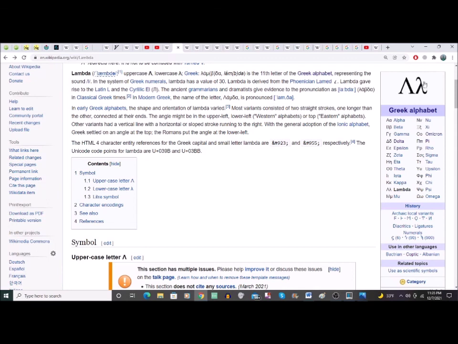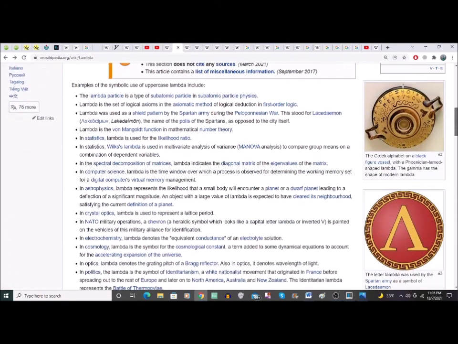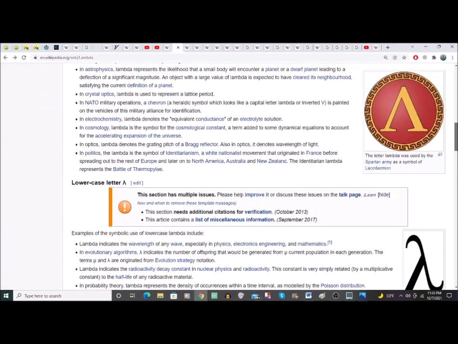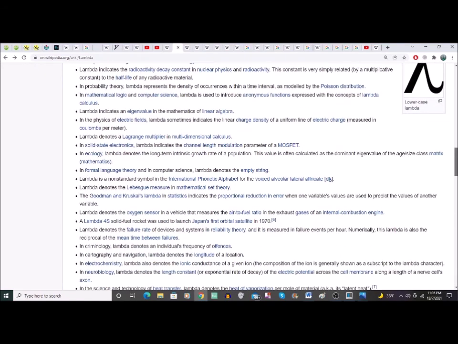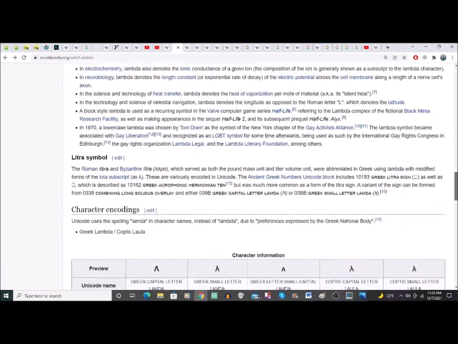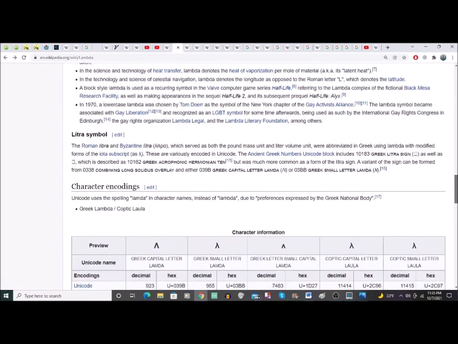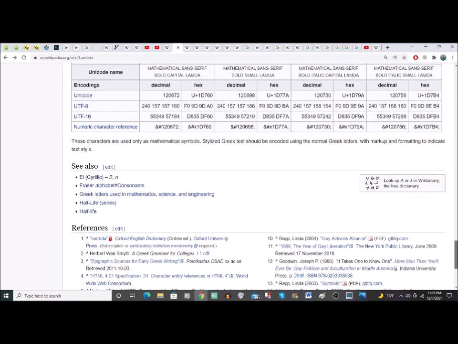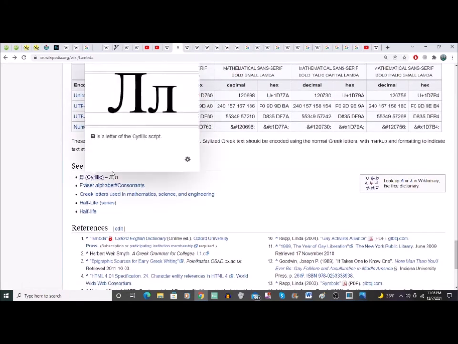But this thing is the root of the Spartan symbol, upside down V again. Right here, this EI.